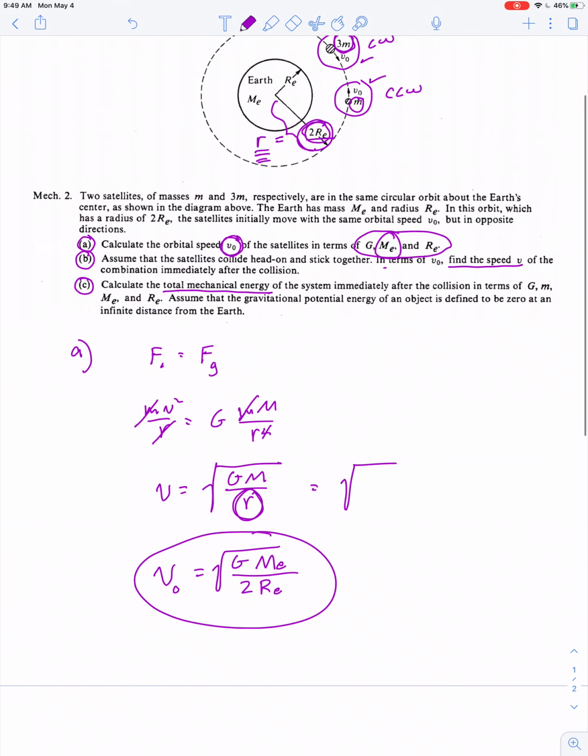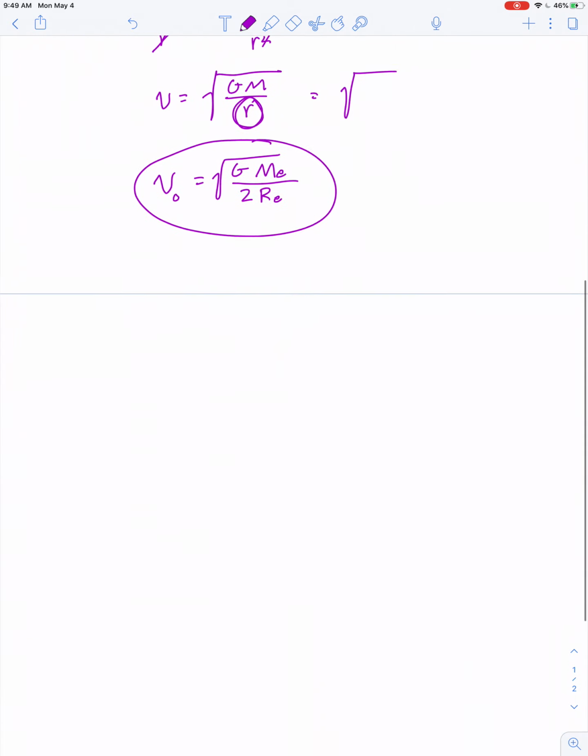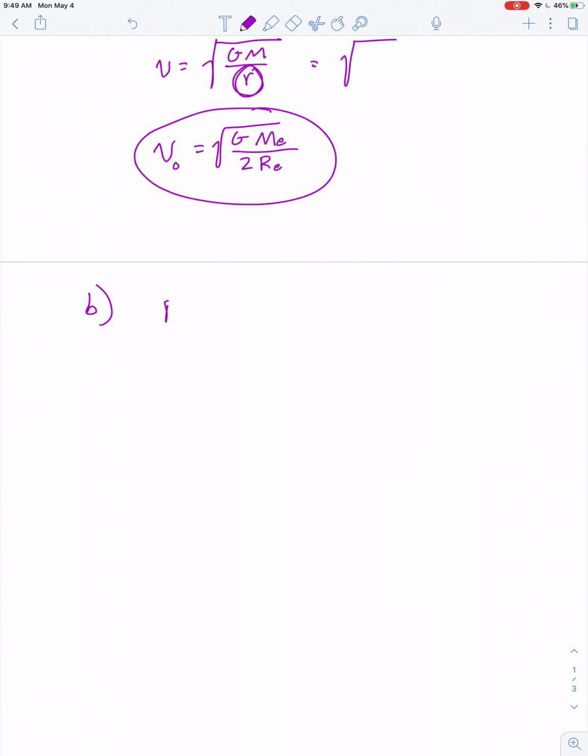Okay, part B, we have to find the final speed if they collide and stick together. So a mass of 3m traveling in one direction, and a mass of m at the same speed going the opposite direction. We'll say initial momentum equals final momentum. So a mass of 3m moving with a speed v naught plus a mass of m with a speed negative v naught.